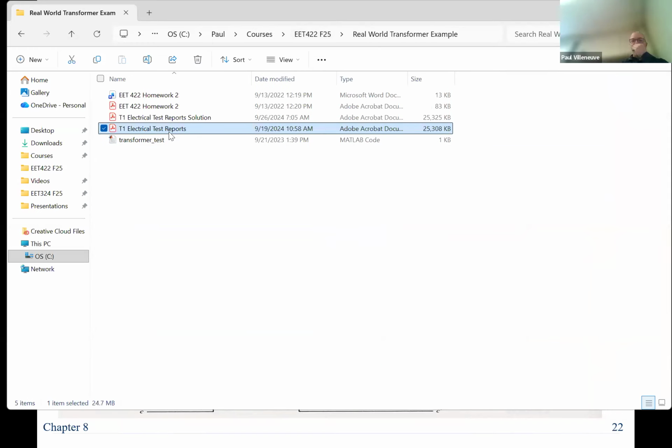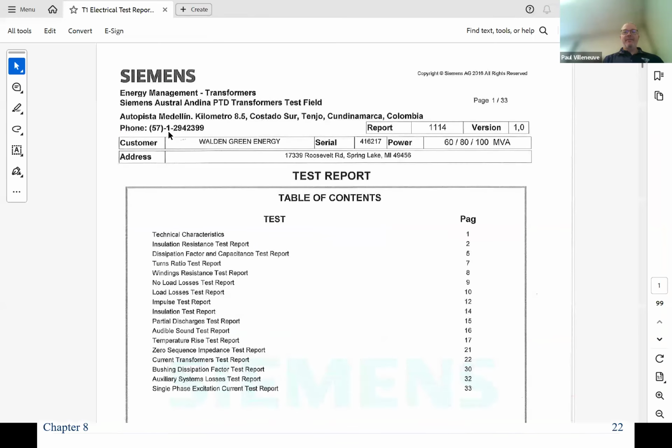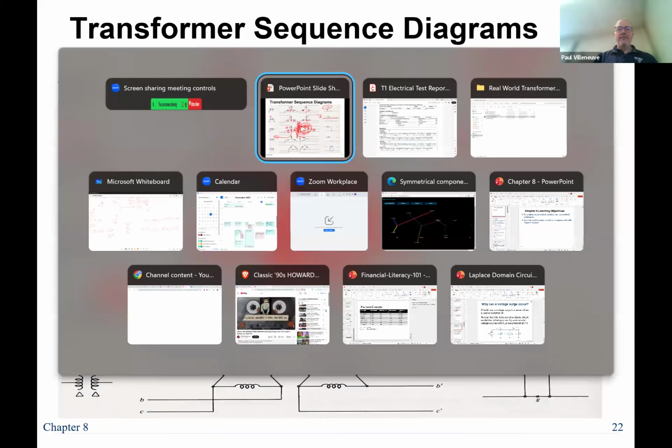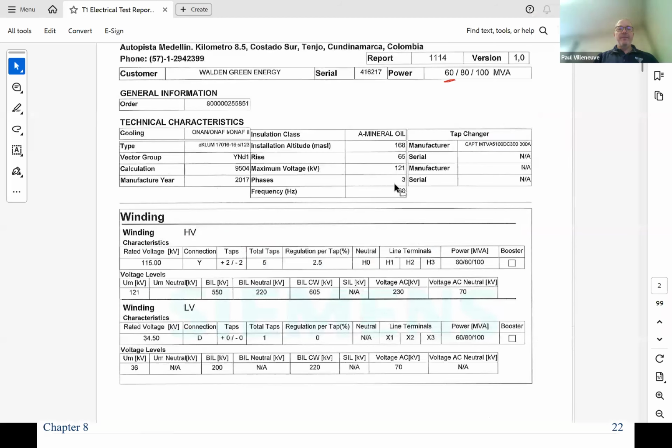Remember the 100-page document? Let's see. Connection. Y delta. So as long as the owner of this facility ran the neutral to the Y, that's exactly what they have.